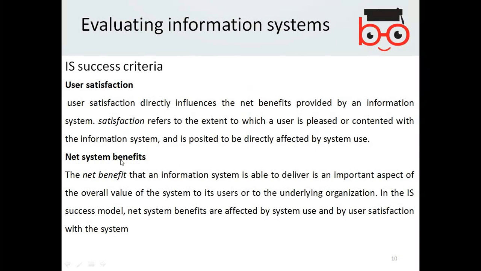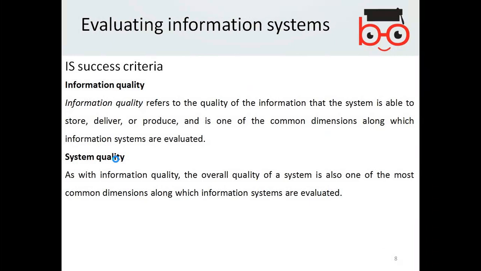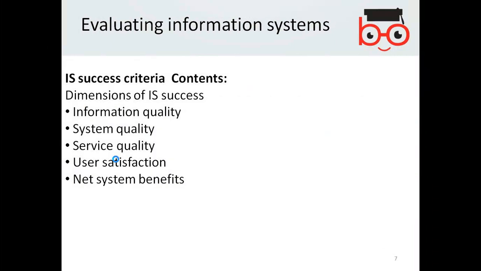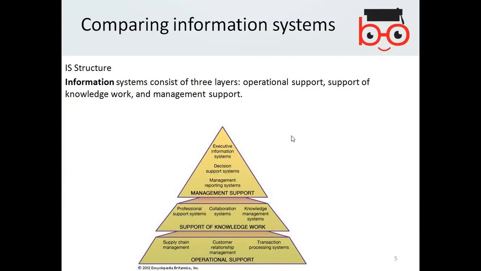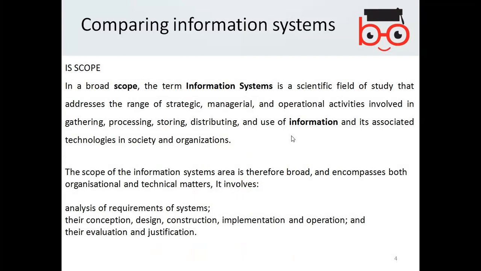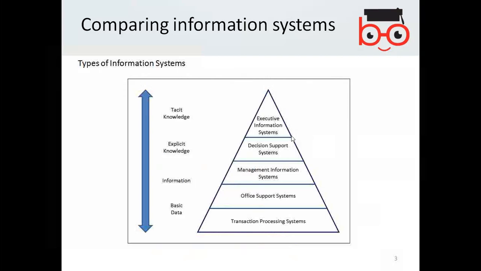Success criteria depend on the user needs: overall satisfaction, service quality, information quality, structure itself, structure regarding the functions, and a few more things we discussed. And the scope should be very well known.